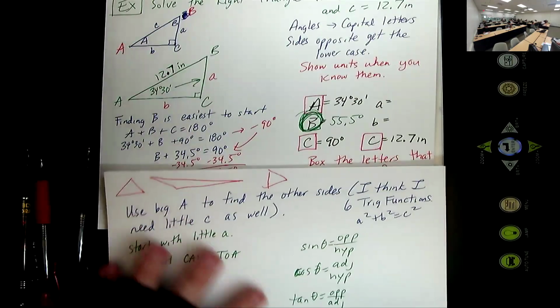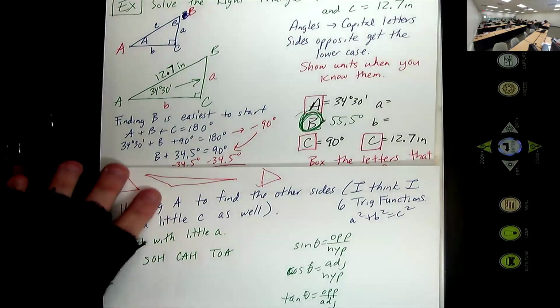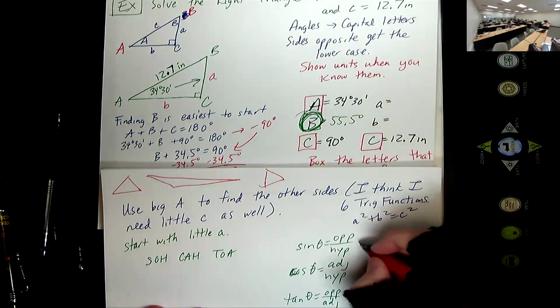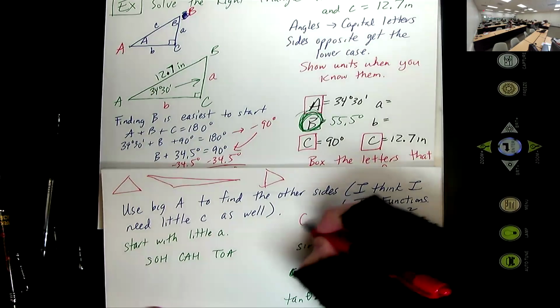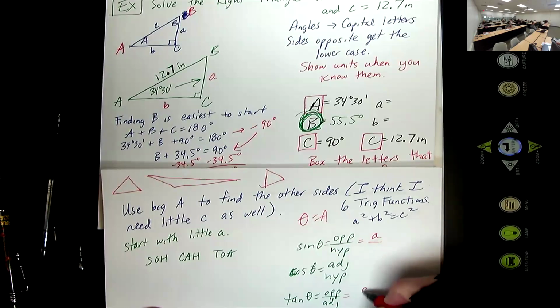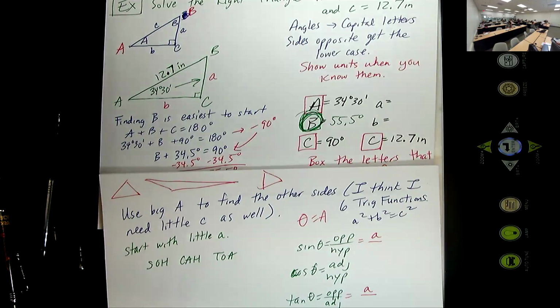If we look at sine, opposite is little a, if theta equals big A. And tangent is the other one that has little a, so sine or tangent are both good choices.